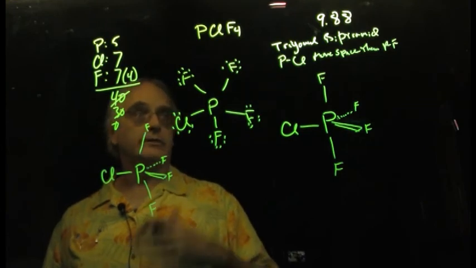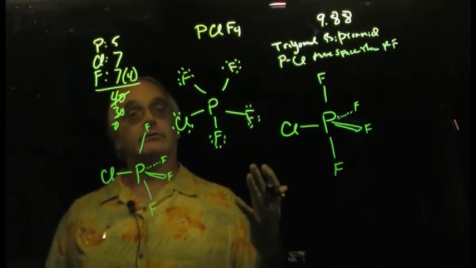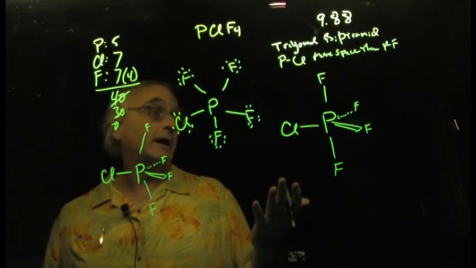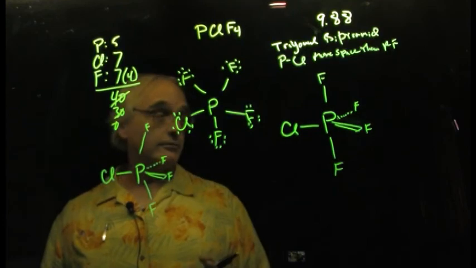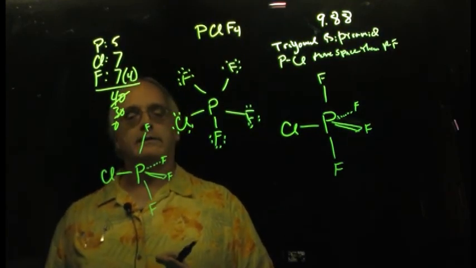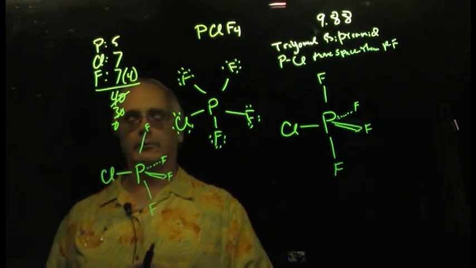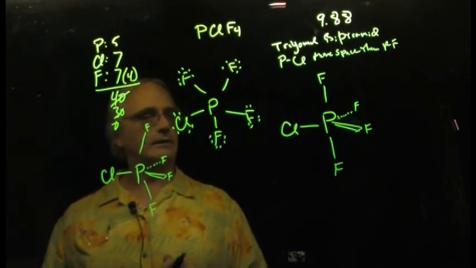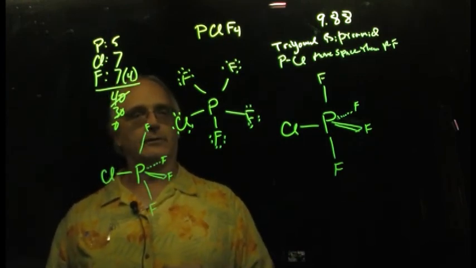So there is the Lewis structure, the geometry of this thing, consideration of the space, a chapter 7 topic. Chlorine is a larger atom than fluorine. The idealized drawing of the geometry, and then here the final answer for part D, the slightly distorted version of the trigonal bipyramid. Distorted because the chlorine is a little bit larger than the others, and it's going to kind of push everything a little bit farther away.